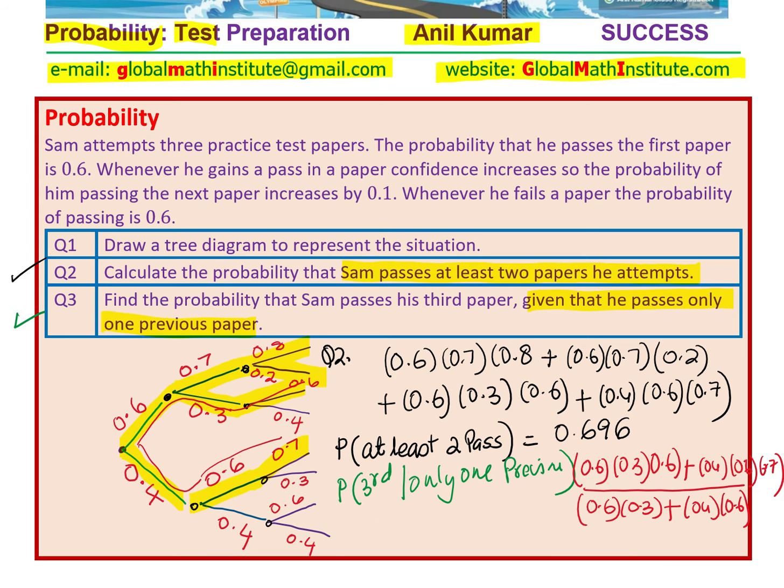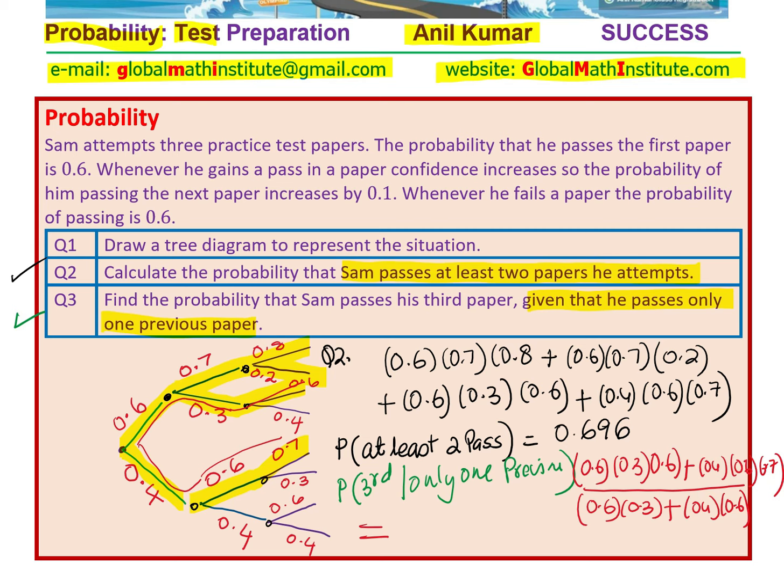So let's calculate this answer also. What do you get? So let's do it. We get 0.6 times 0.3 times 0.6 plus 0.4 times 0.6 times 0.7. So that's the numerator.